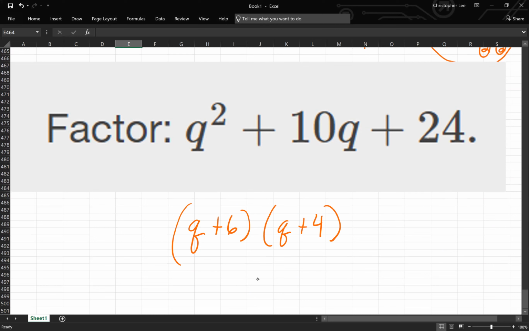First one is always... Right, exactly. So I want two numbers that multiply to 24 and add up to 10. Right? And that's how we got the 6 and the 4.